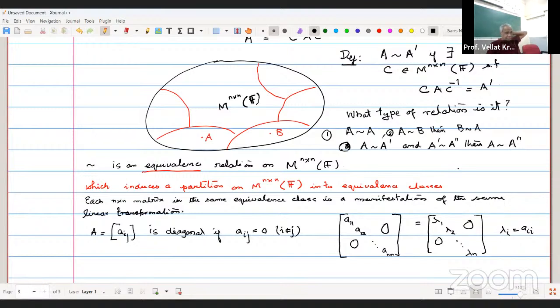Now the advantage that you have is, suppose you have two such diagonal matrices, then their product is essentially another diagonal matrix, where the ith element of the product is the product of the ith elements of the two matrices.